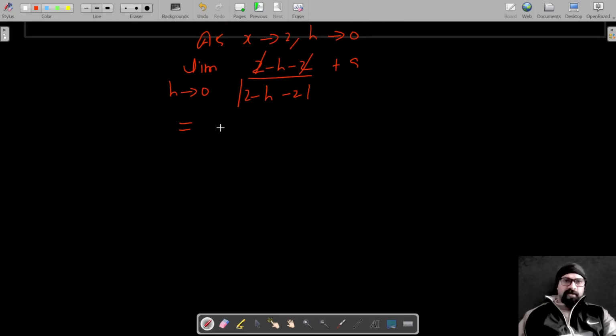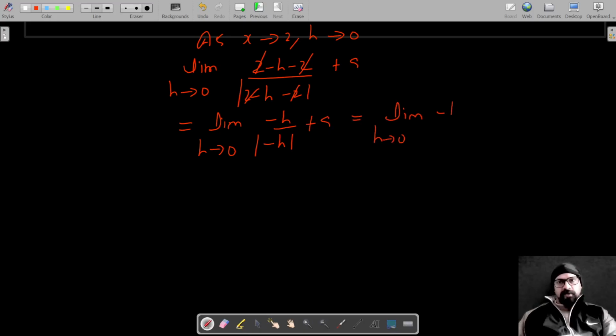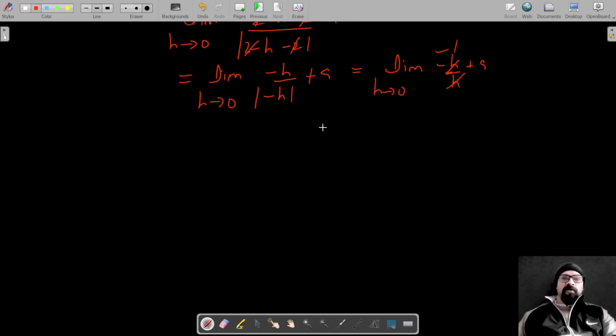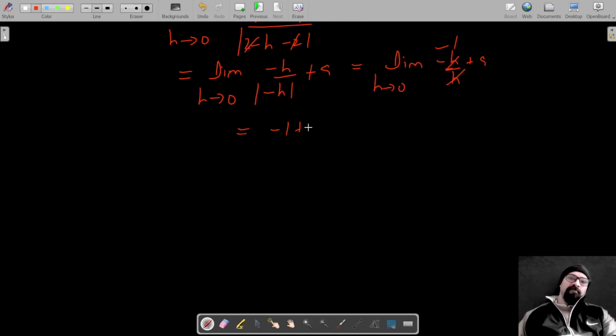This is limit h tends to 0 of negative h upon modulus of negative h plus a, which is limit h tends to 0 of negative h upon h plus a, which is negative 1. So if we take the limit, this is negative 1 plus a. So left hand limit is equal to negative 1 plus a.